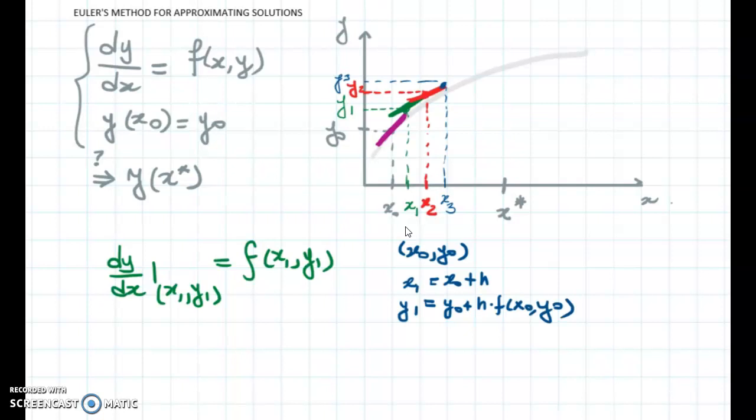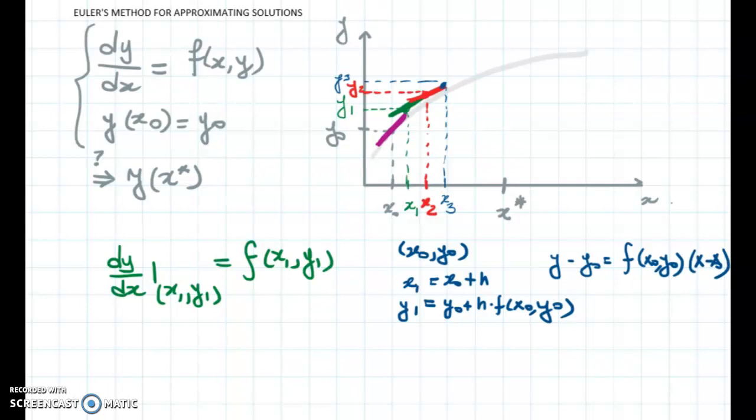Let's look at what I wrote over here for a second. This is the result of evaluating the tangent function at the point x0 plus h. Let me write here the equation of the tangent function so I convince you of that. So the tangent function is going to be y minus y0 is equal to the value of the function f at x0, y0, that's the derivative, times x minus x0.